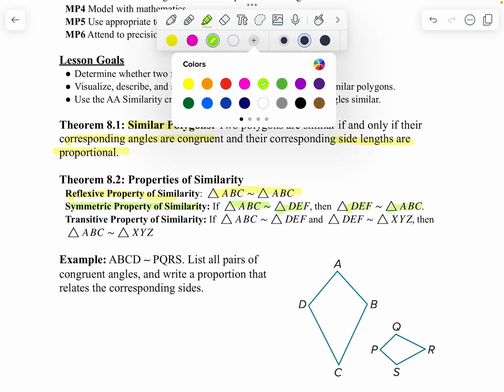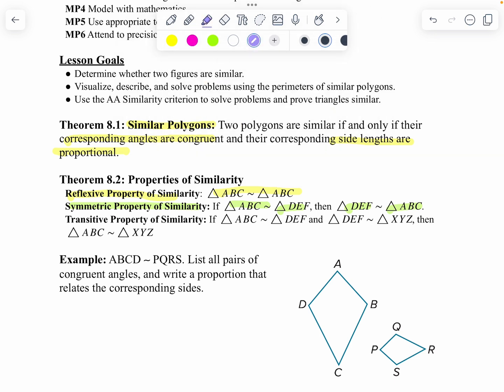The transitive property of similarity says that if triangle ABC is similar to DEF and DEF is similar to XYZ, then triangle ABC is similar to XYZ. Just like we've done with congruence and every other property we've done.